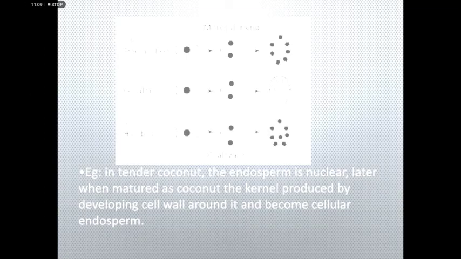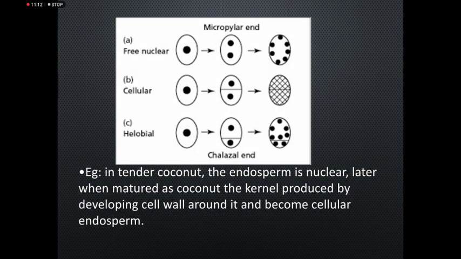It can be seen in this picture, figure A, where the free nuclear form can be observed. In figure B, cell wall is produced around each cell and converted to cellular. Then there is another kind of endosperm, that is helobial. Here both free nuclear and cellular structures are seen combined.